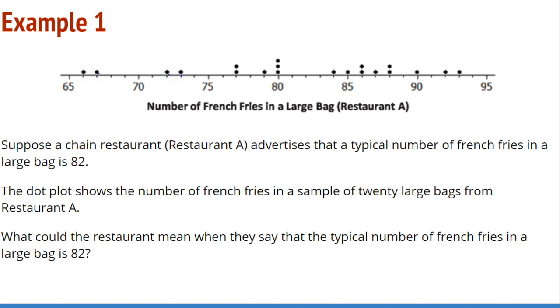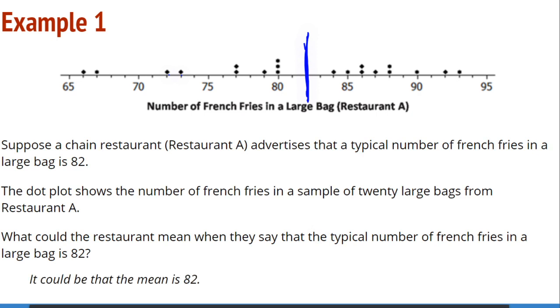So what could the restaurant mean when they say the typical number of French fries in a large bag is 82? So they have said that 82, right here, is the typical number of French fries in a bag. What did they do to come up with 82? Stop and think about that for a second. Well, it could be that what they did is they found the mean.